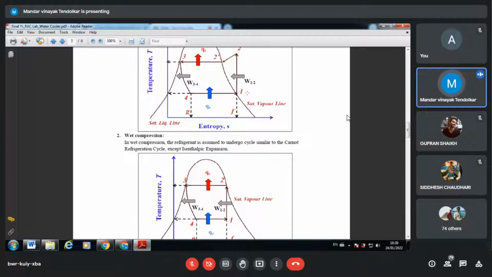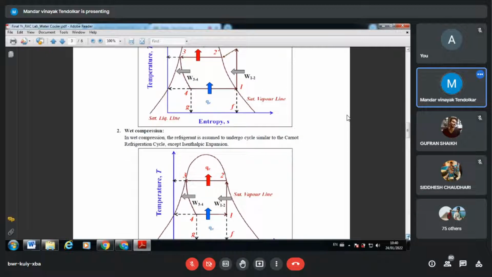So that is the objective of this particular experiment: to find out the type of compression process taking place. Whether it is completely wet, wet saturation, dry saturation, or superheated, whatever is the actual compression process taking place in the circuit cycle, that we will find out. So this is your experimental write-up.